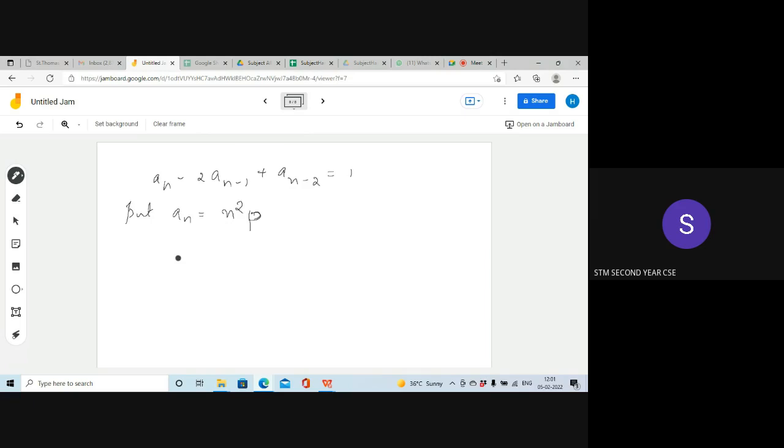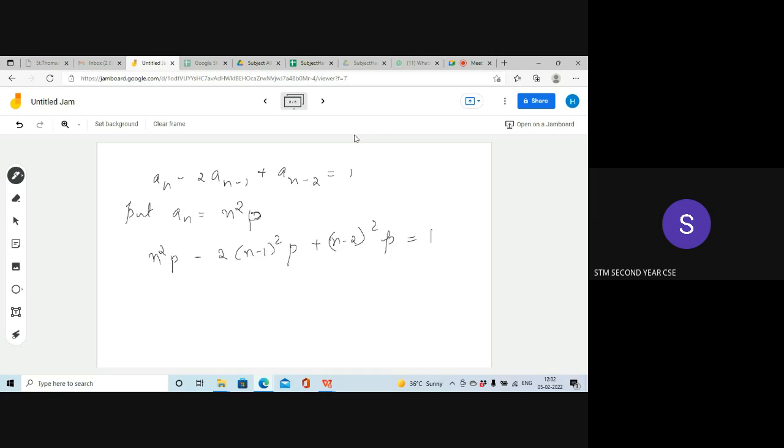Instead of an, I'm putting n square p, minus 2 into n minus 1 square p, plus n minus 2 square p is equal to 1.